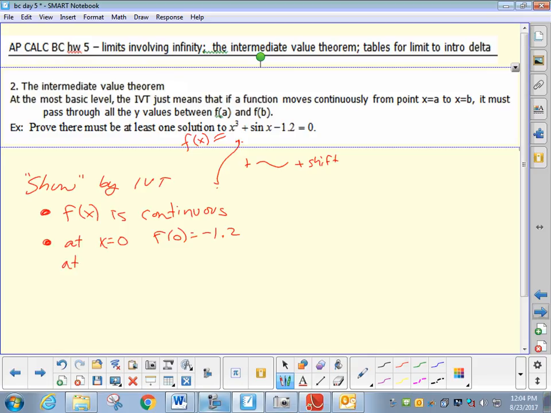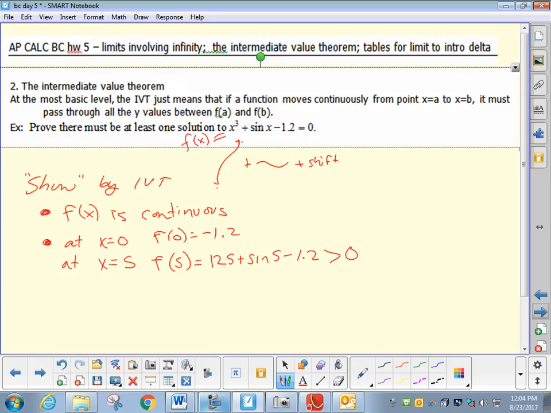At x equals 5, f of 5 is maybe 125 plus sine of 5 minus 1.2. Do you see where I'm coming from? Is that positive? Yes. Why? I don't know what sine of 5 is, but it can't be less than negative 1. So even at its most extreme, this would be 125 minus 1 minus 1.2. That's definitely positive. You don't have to tell me what it is, just say that's positive.